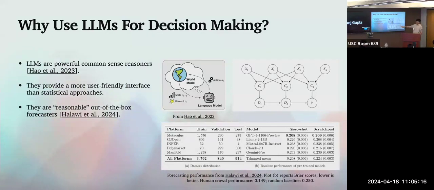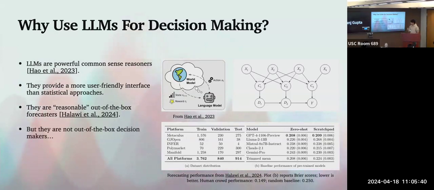Here they're reporting Brier scores, so lower is better, and a random guess is about 0.25. So it's a little bit better than random guessing, but still far from human. They also show that a system in place can make that forecasting better. Still, forecasting is something that large language models can help humans with.